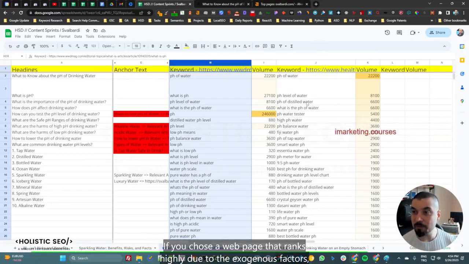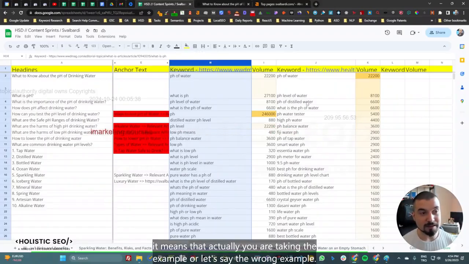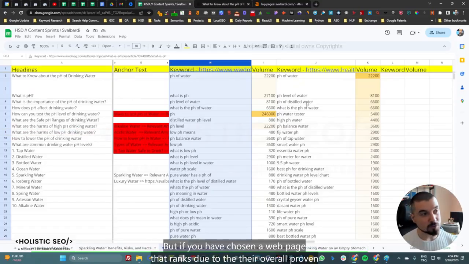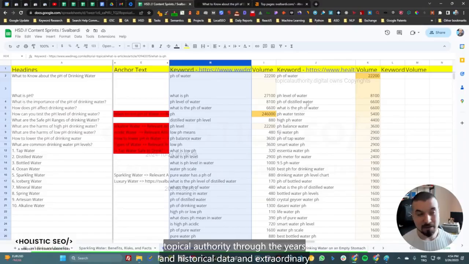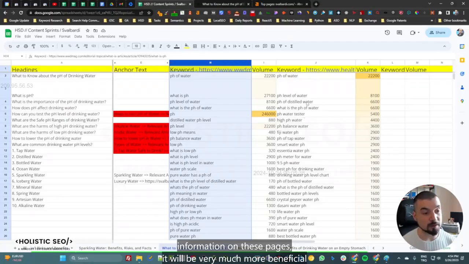If you choose a web page that ranks highly due to exogenous factors, it means you are taking the wrong example. But if you have chosen a web page that ranks due to its overall proven topical authority through the years, historical data, and extraordinary information on these pages, it will be much more beneficial.